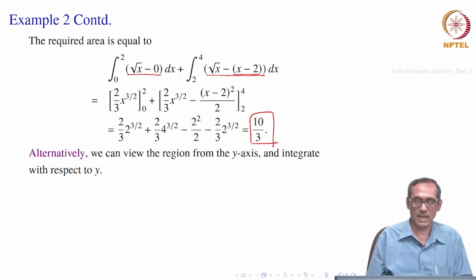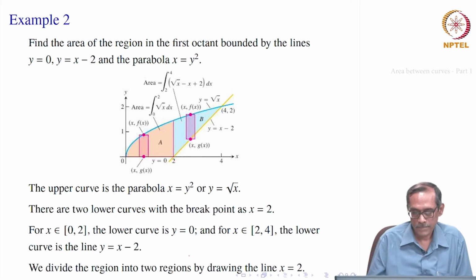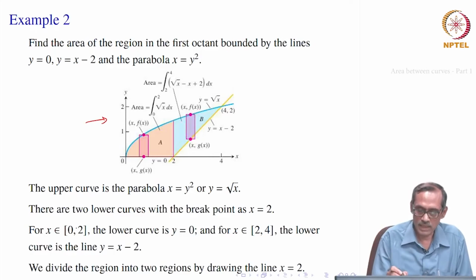Fine, but there is another way of looking at it. Just look at the picture. If you look at the region from the y axis, view it from the other side, then you can see you have the curve x equal to a function of y, which is the yellow one. This is x as a function of y, and then you have the parabola as x as a function of y again, right.